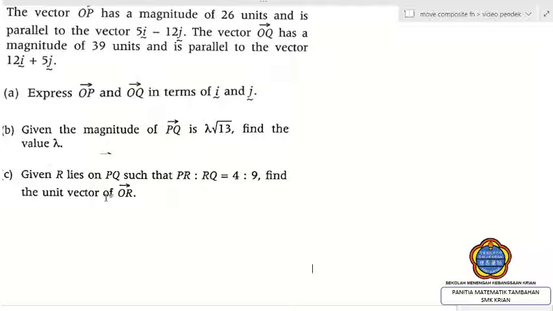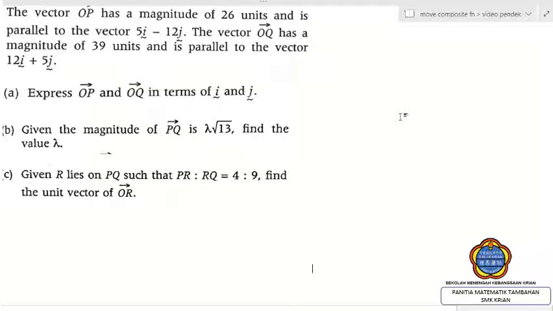Vector OP has a magnitude of 26 units and is parallel to the vector 5i minus 12j. The vector OQ has a magnitude of 39 units and is parallel to the vector 12i plus 5j.